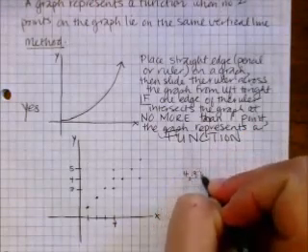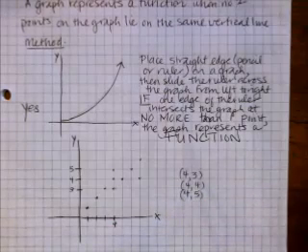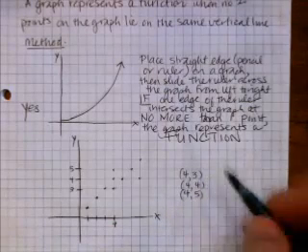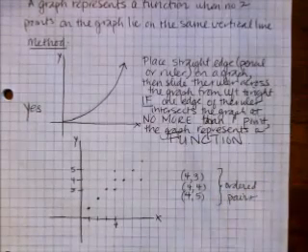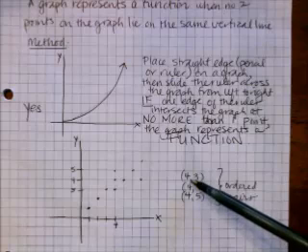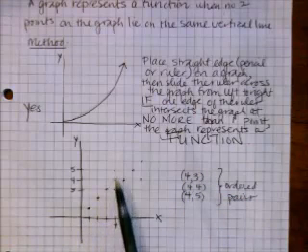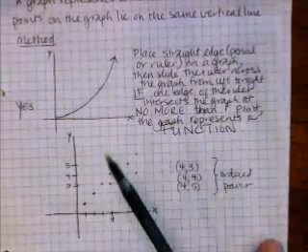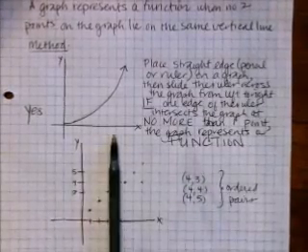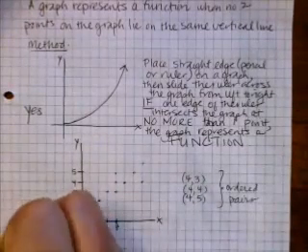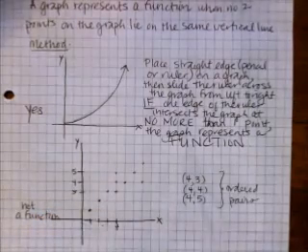My 4 has a 3, my 4 has a 4, and my 4 has a 5. So just trying to help you see the connection between ordered pairs and how you know in an ordered pair that it's not going to be a function because the X repeated. Well, right here, the X has 3 different Y's. And that's why we use this vertical line test to help us figure out if in fact it is a function. So this one is not a function. Okay, let's try another one.